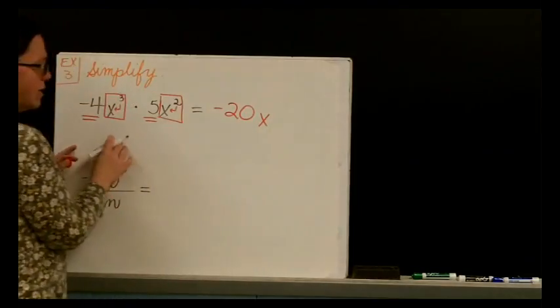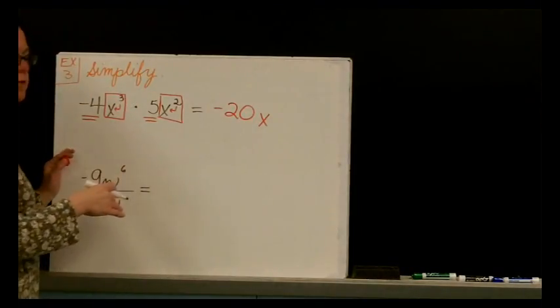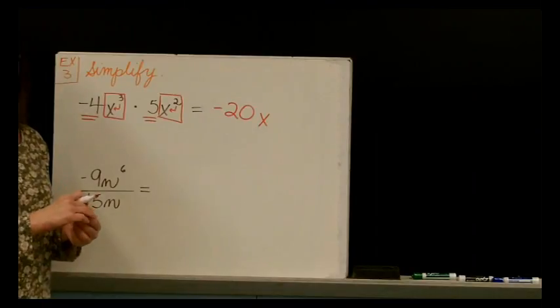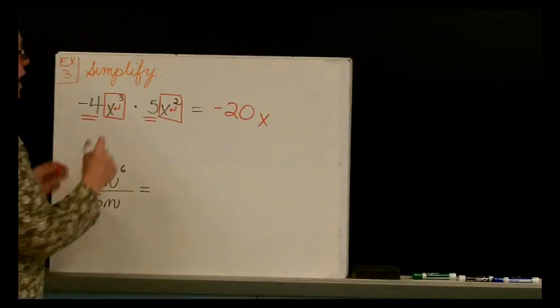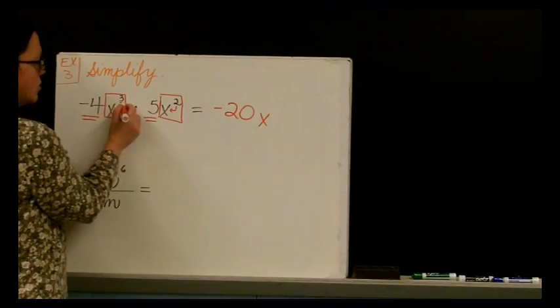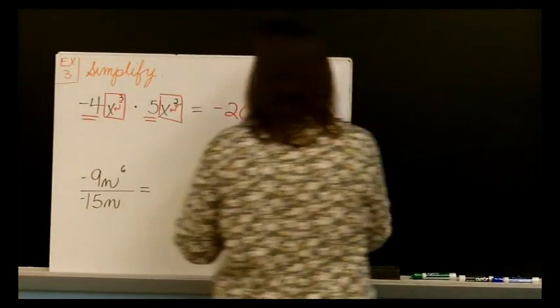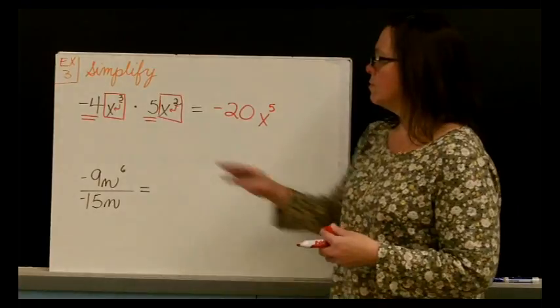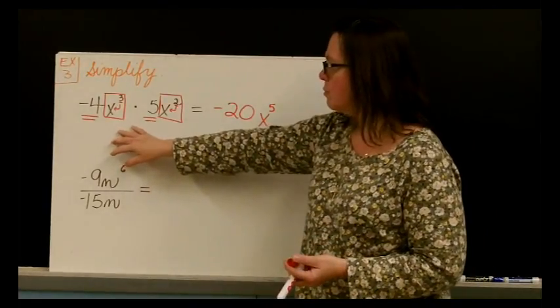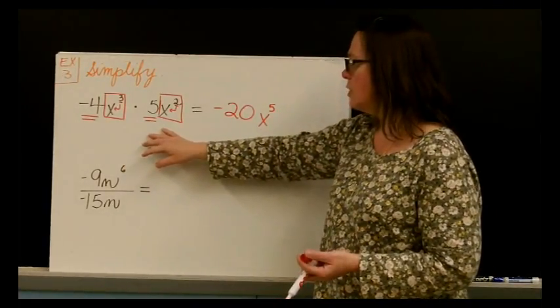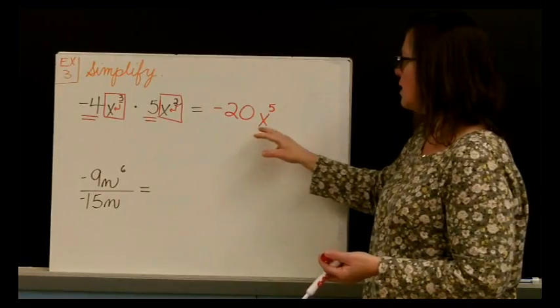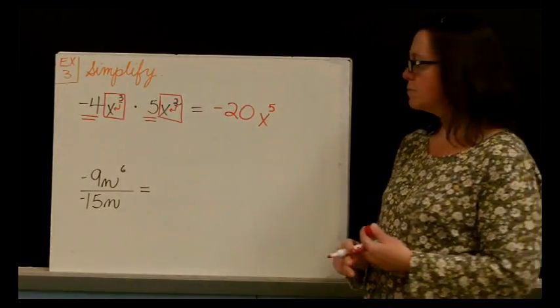So we write down our x, and you know from our first example that when we are multiplying powers, we add our exponents, so it's 3 plus 2, which makes it x to the 5th power. So -4x to the 3rd power times 5x squared equals -20x to the 5th power.